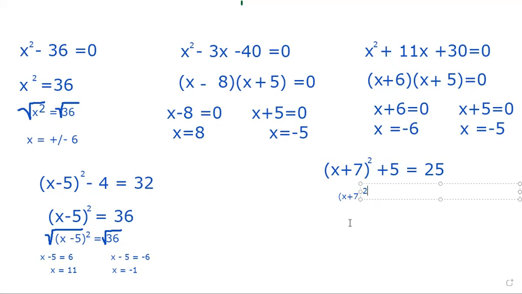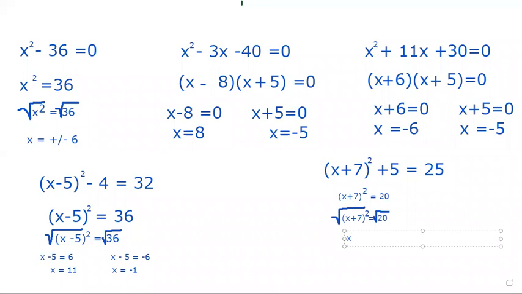I have to write it a little smaller to make sure I have room. And now when we have x plus 7 squared is equal to 20, as we said before, anytime you see something squared, we need to take the square root. We're going to take the square root of both sides, and that's how we get rid of our exponent.